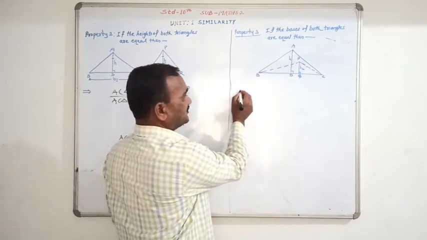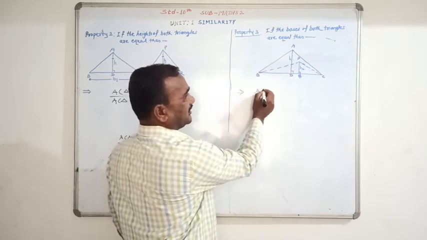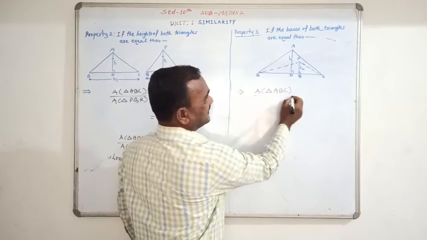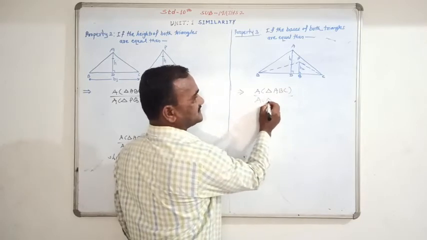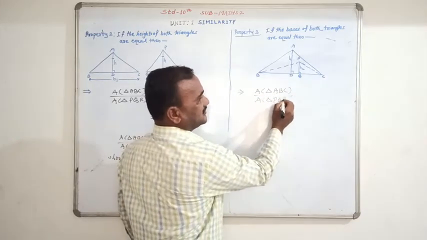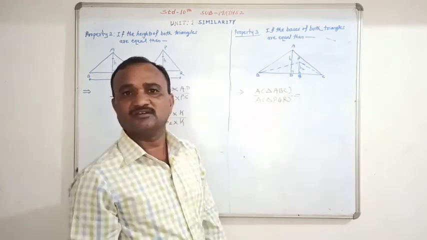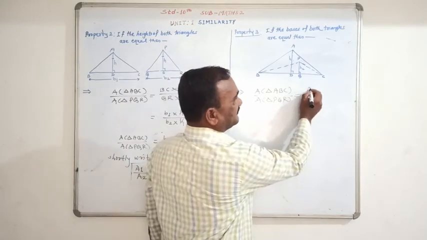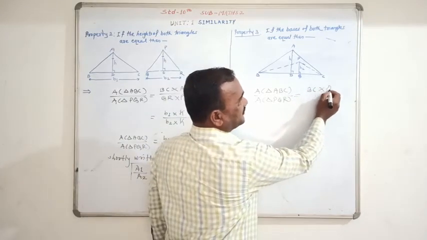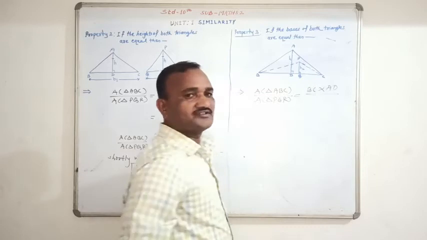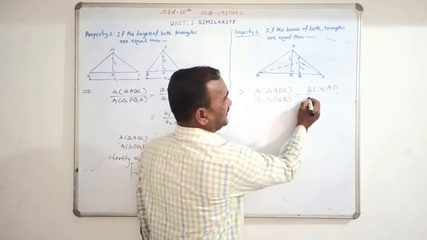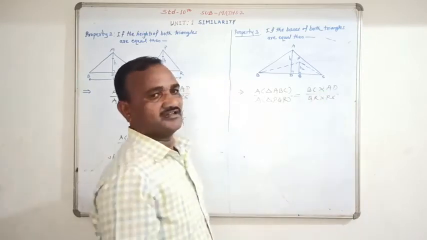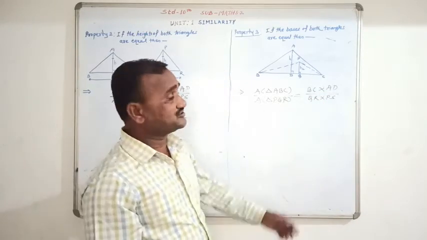So the first property, you know, ratio of areas of two triangles, that is, area of triangle ABC divided by area of triangle PQR is equal to the ratio of product of their bases and corresponding heights. So BC into AD divided by QR into PS. The third property we have to prove by using the first property.